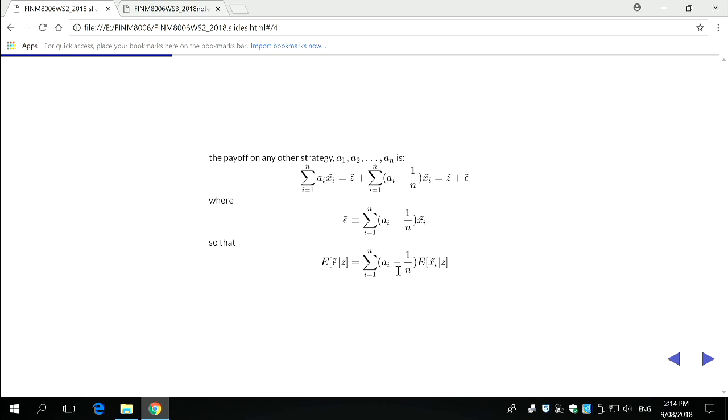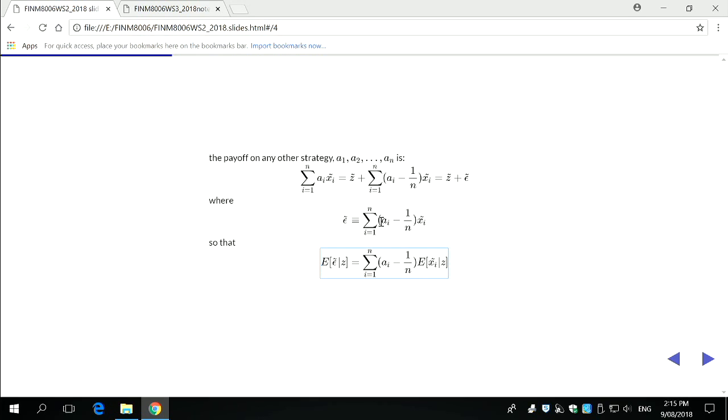In particular, we know this epsilon tilde is the sum of (alpha i minus 1 over n) xi tilde. If I take the expectation of epsilon tilde conditional on z, it can be written as the sum of (alpha i minus 1 over n) times the expectation of xi tilde conditional on z.